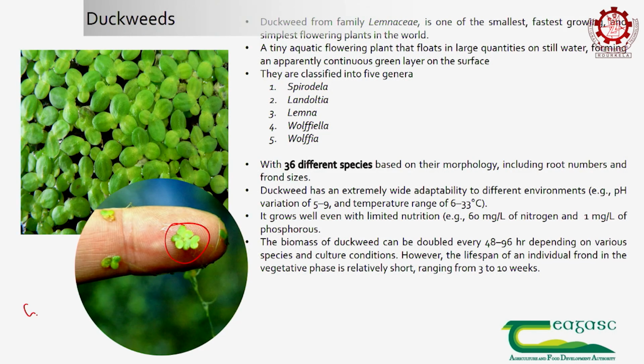Either you will see greenish water, as you might have seen if you keep water in a glass bottle and leave it out, some green algae is formed. That is basically microalgae. And just as microalgae is now used for a range of different production, duckweed also grows the same way.